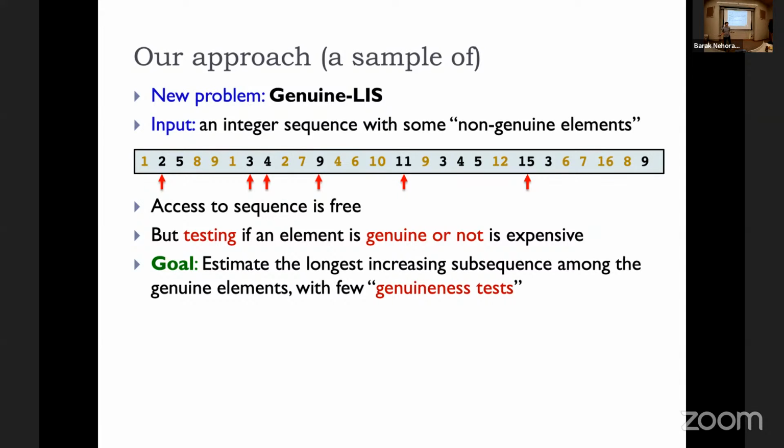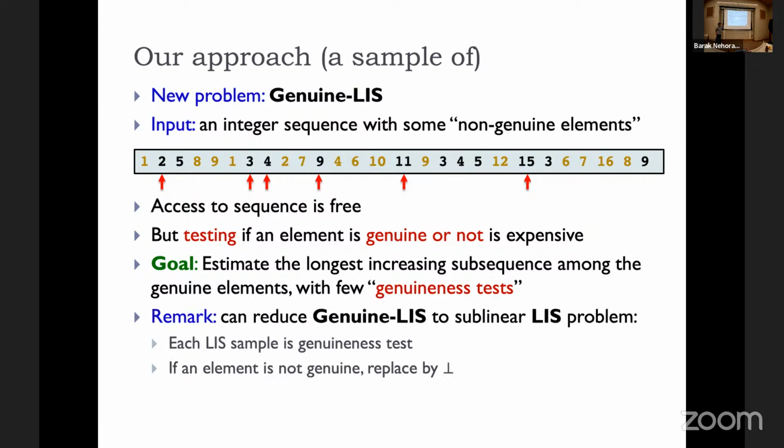Okay, is the model clear? To the best of our knowledge, I haven't seen this model before elsewhere. It was an interesting new model. So we'll, in some sense, connect this to LIS and we'll see how to solve this genuine LIS.